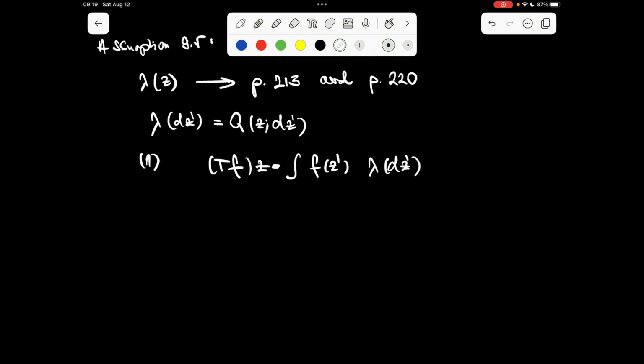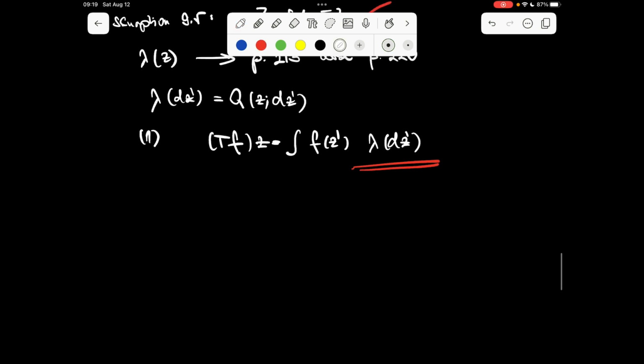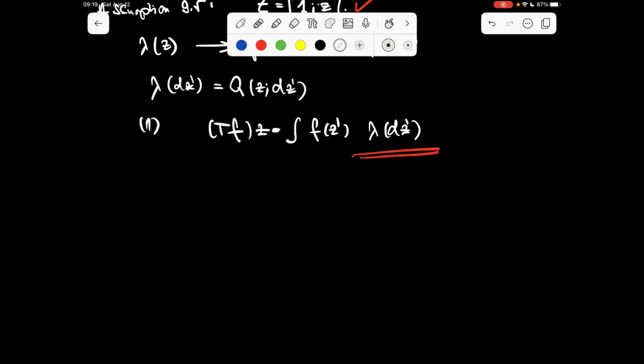So this is our probability measure belonging to the i.i.d. shock. Given that the probability measure lambda is a probability measure, it is continuous and bounded. So integrating a function f with respect to this probability measure leads to continuous and bounded functions if function f is continuous and bounded.